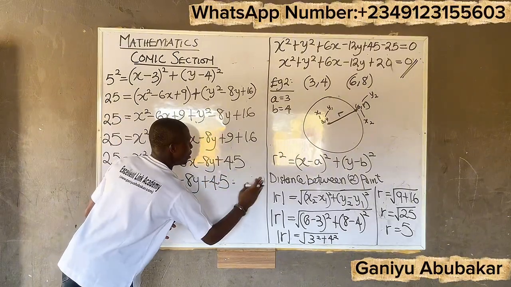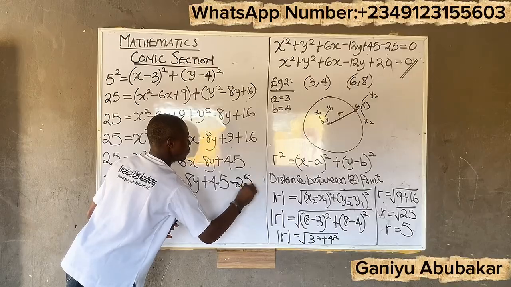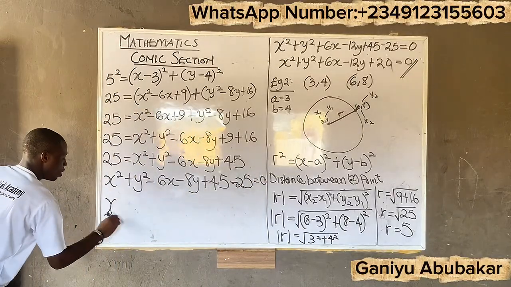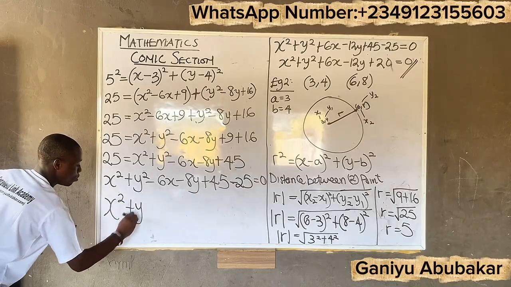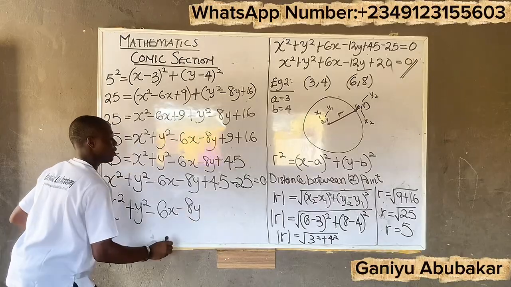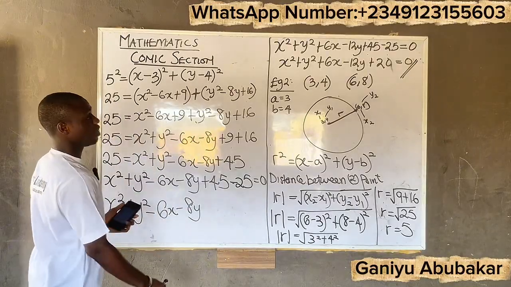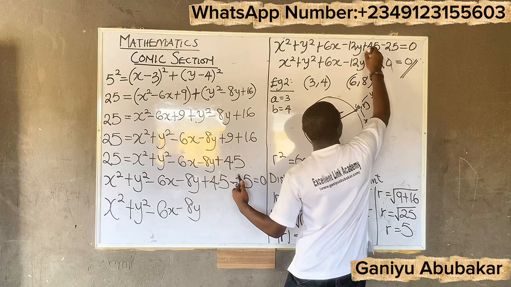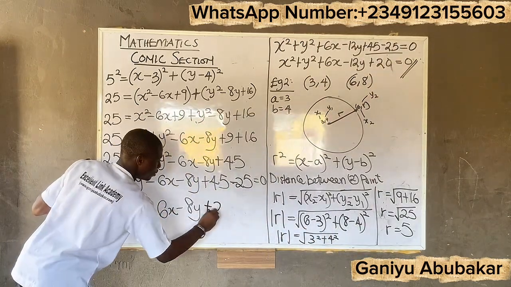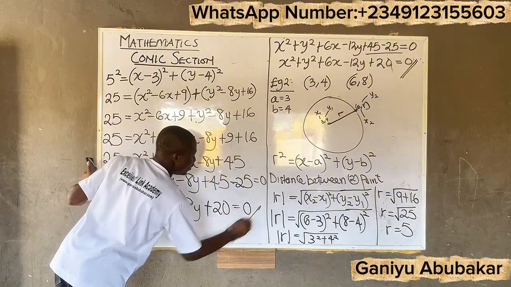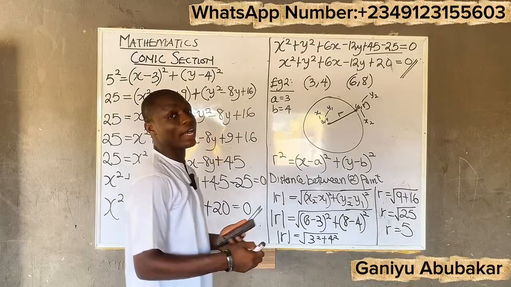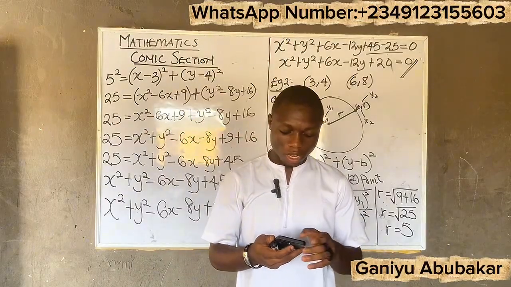That will give you a negative 25, then equals 0. Alright, my final answer becomes x squared plus y squared minus 6x minus 8y equals 0. This is the equation of the circle we are asked to find in this particular question.